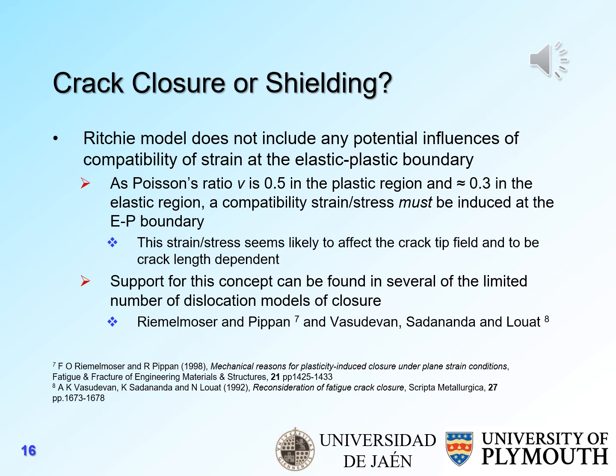One of the defects of the Ritchie model is that it does not include any potential influences of compatibility strain at the elastic plastic boundary, and in fact this seems to be largely ignored by most workers in the field.